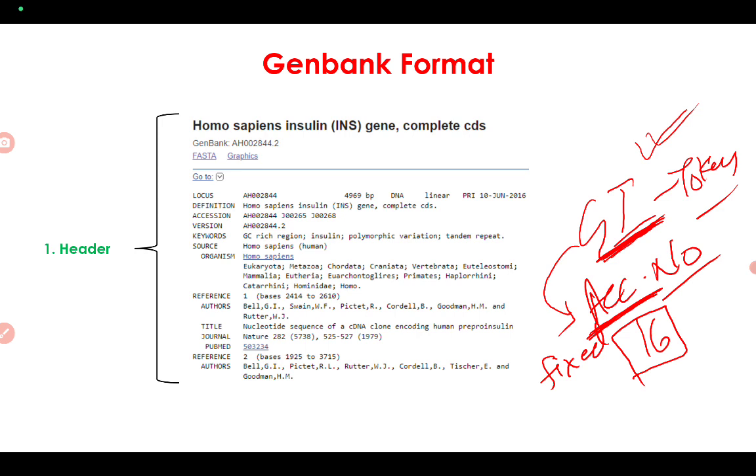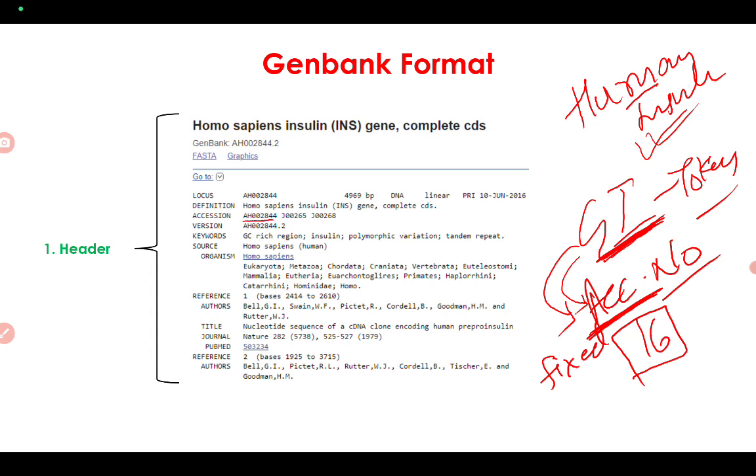After that, if some change happens, for example, I have submitted a human insulin sequence, and they have given me a token number, that is a GI number. After checking that this particular sequence is correct, they allocate the accession number.